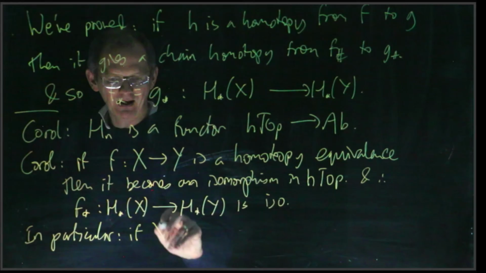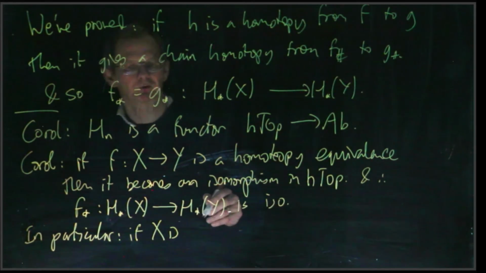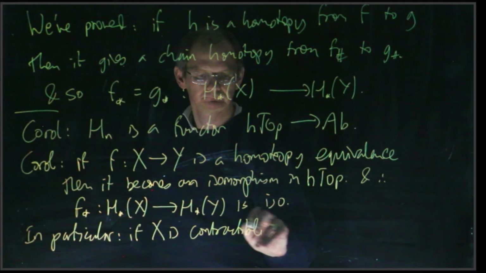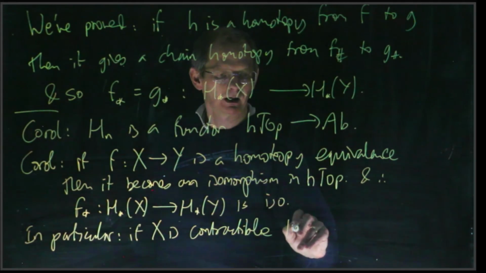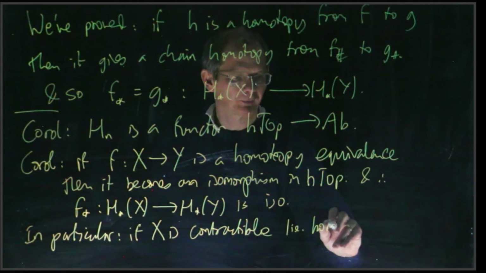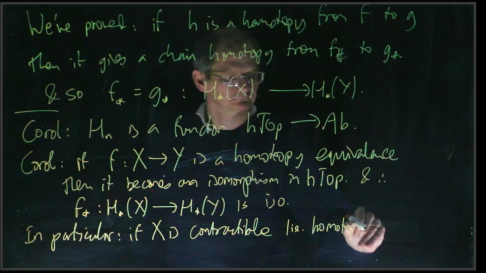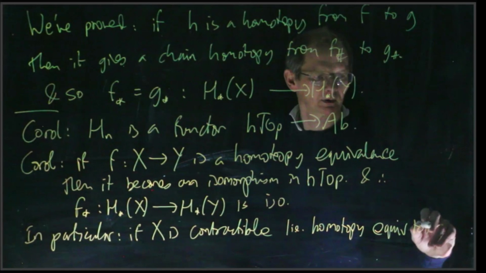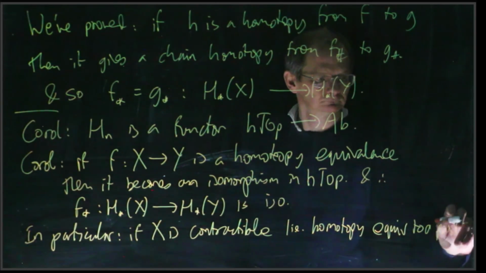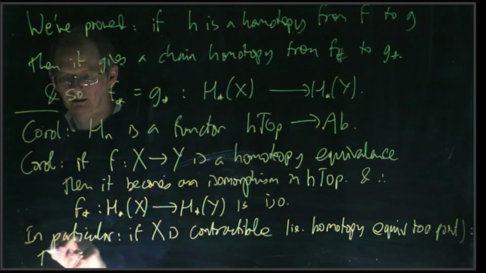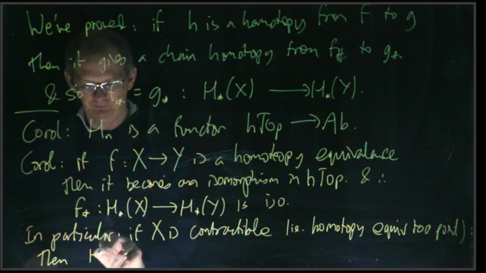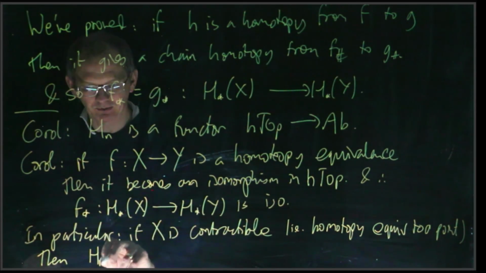So in particular, if X is contractible, which means it's homotopy equivalent to a point, then we know that X has the same homology as a point.